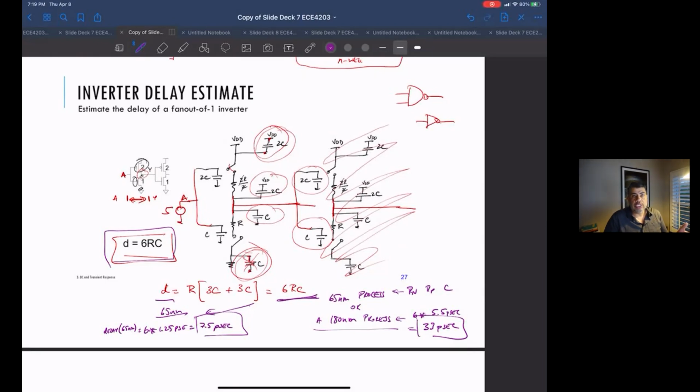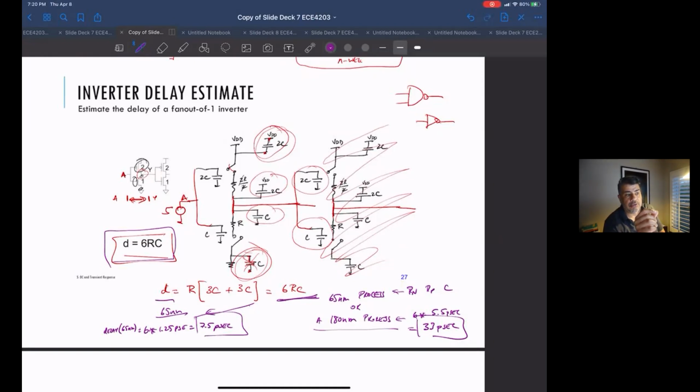You want to pick the biggest process that can meet your speed requirement from a design cost standpoint. So you would come up with the fastest circuit path that you would need, get these values in terms of these RC constants, do a bunch of RC calculations, and we'll go through those steps.